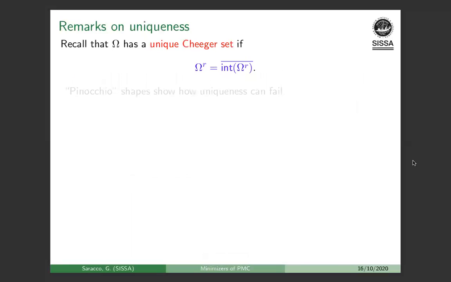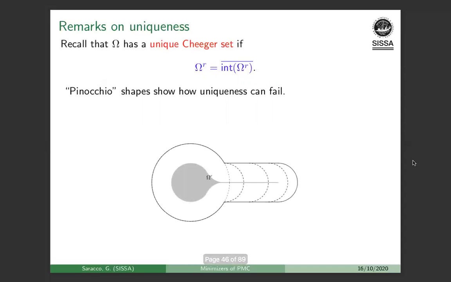Okay. What about uniqueness? Why can uniqueness fail? As I told you, we have uniqueness when this set equality holds, so when the inner parallel set at distance r coincides with the closure of its interior. Let me give you an example where uniqueness fails. This is what we call the Pinocchio shape. Take a ball of radius 1 and consider a half line exiting from the center. Along this half line, let's slide a ball of radius r very close to 1/2, and this r, you can actually compute what it needs to be.